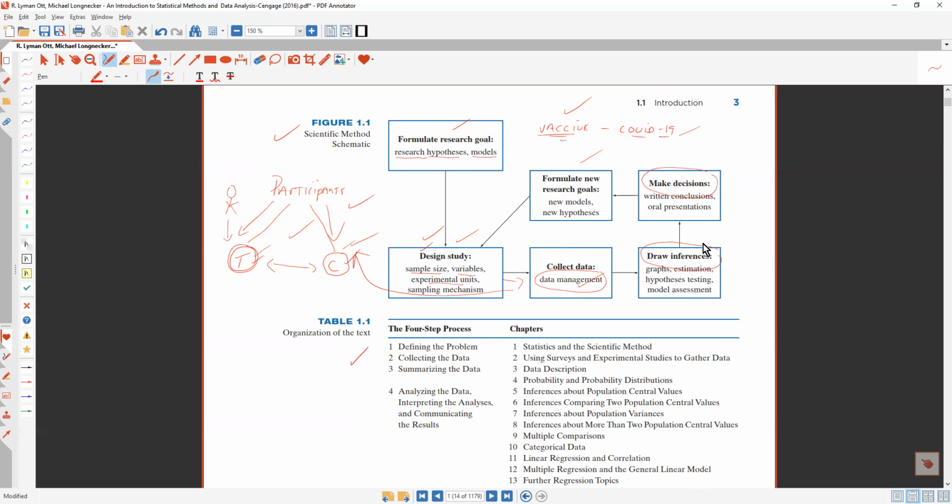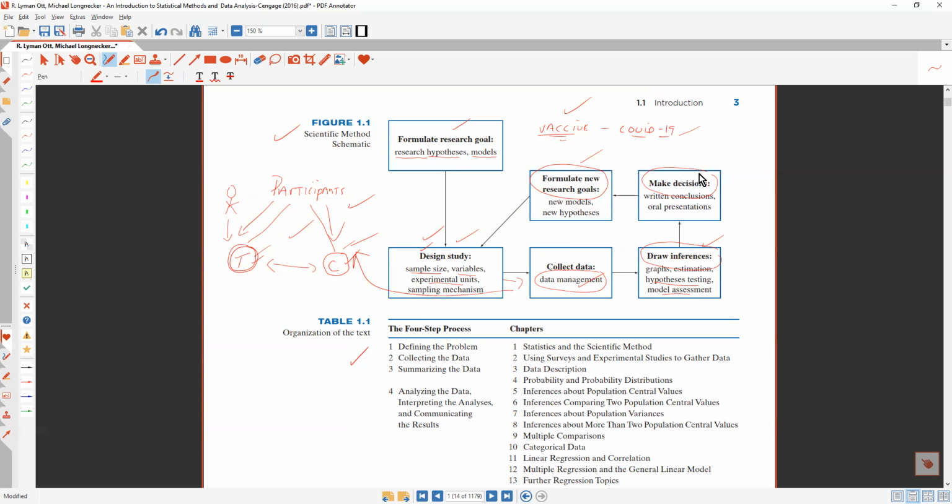Now, this idea of inferences here is really, really important. We're going to talk about this idea of inferring from samples to populations. And doing that is going to help us address how our hypotheses turned out and how our model turns out. So here's that last point: we then formulate new research goals.